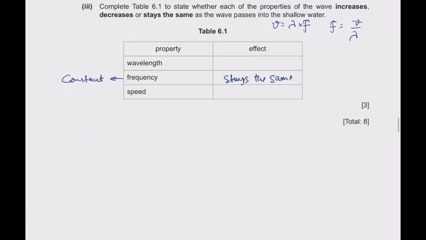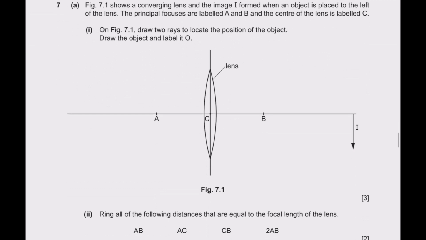So the wavelength and the speed both will decrease because it is moving to shallow water. The speed will decrease because shallow water is a denser medium as compared to deep water. So the wavelength and the speed both will decrease. Okay, now the question number 7.